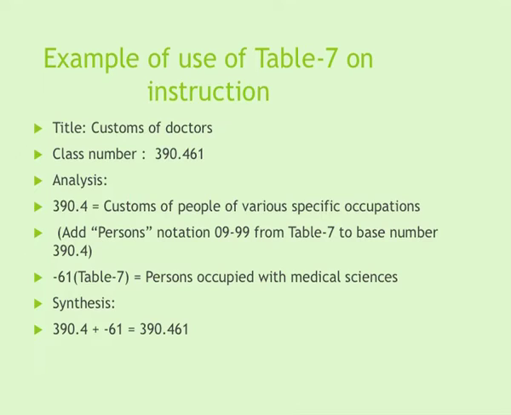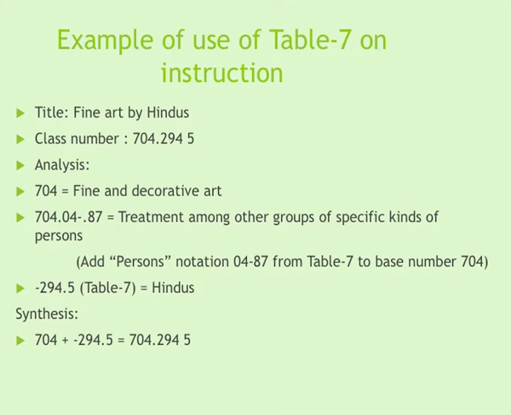So, simply, the instruction is available to attach the table 7 number. From table 7 we get the number of doctors, that is 61, and we attach it to the basic subject number 390.4. So, the complete number is 390.461. This is an example of use of table 7 on instruction.